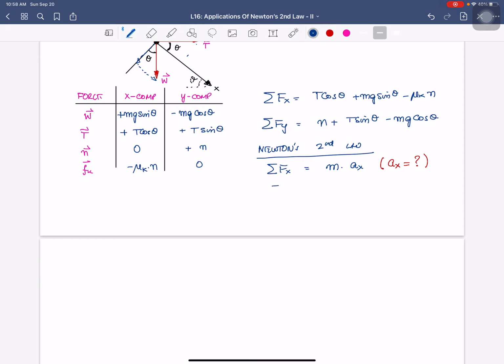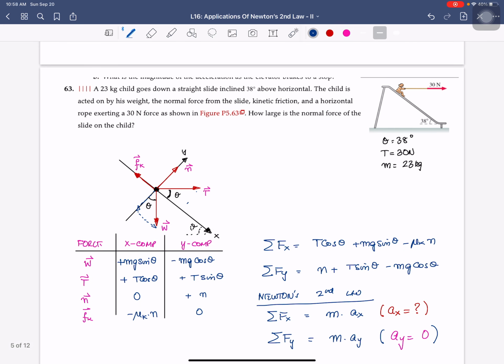And there is another equation, the y component of the net force, which is N plus T sine theta minus mg cosine theta, is in fact mass times the y component of the acceleration. Here we definitely know that the y component of the acceleration is 0, because no matter what the child is doing, what the acceleration is down the incline, the child is not leaving the incline.